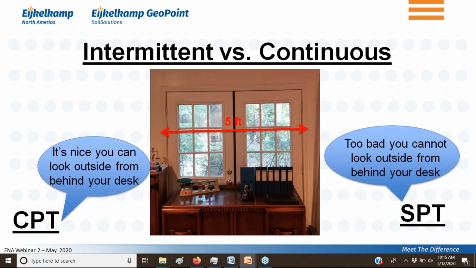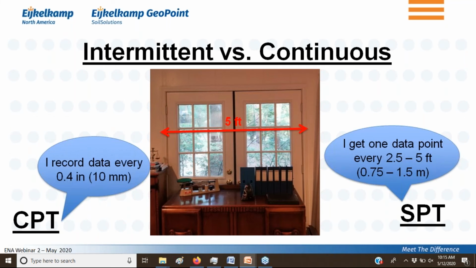Well, the width of those two doors is slightly less than 5 feet, slightly less than 1.5 meters. And the thing is, with CPT, you record data every 0.4 of an inch, every 10 millimeters. And that means that you don't miss anything. Therefore, as the CPT is scanning that wall, it sees the windows and it can look outside.